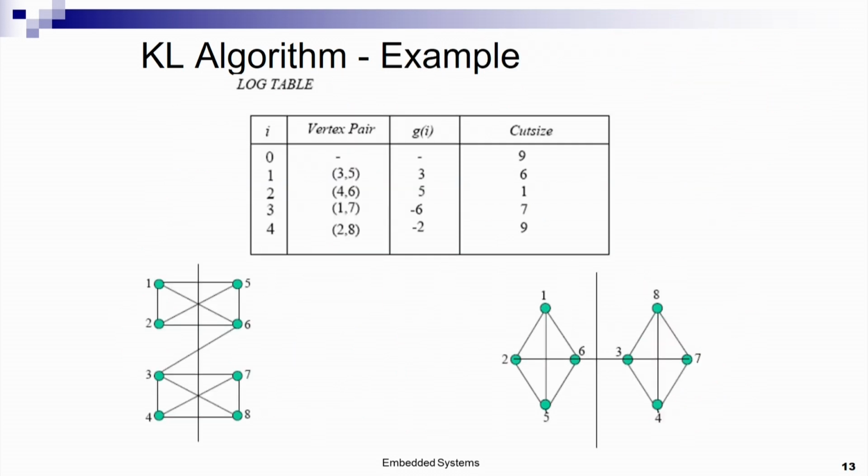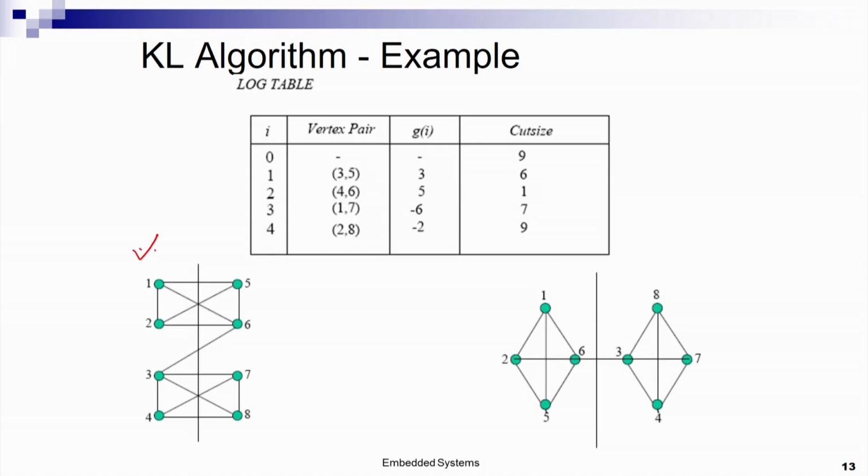Now, we will take this example in a bit more detail. We said, how does this algorithm proceed? This algorithm proceeds by initially starting with an initial partition, and then in that initial partition, for all pairs of vertices I find the gain.